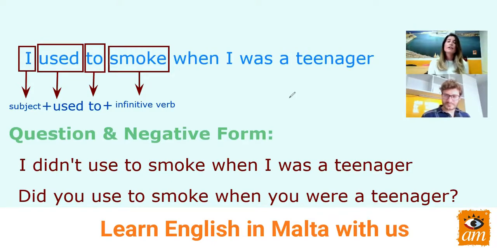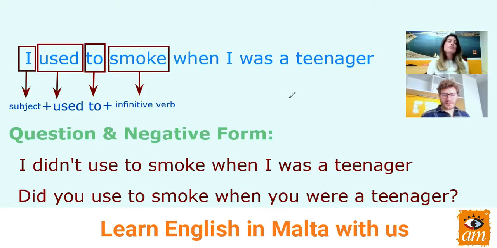It is, in fact, referring to a past action which happened more than once in the past. Now, this is very important to remember that we cannot use this structure to talk about present habits. To talk about the present, we would use your normal present simple plus different adverbs of frequency.